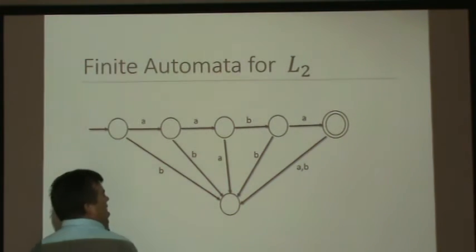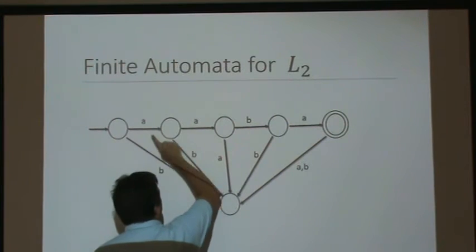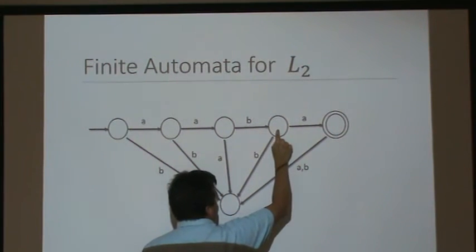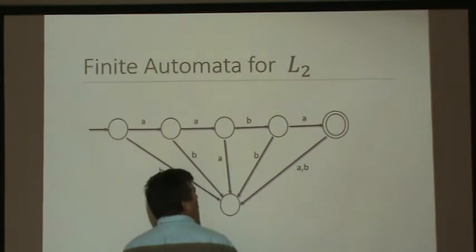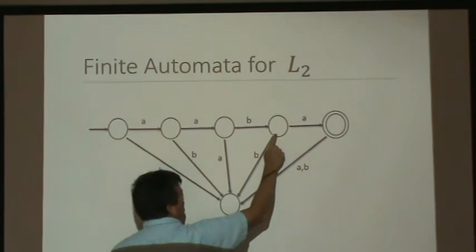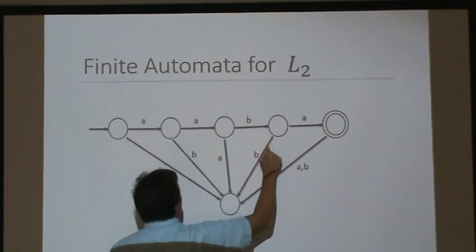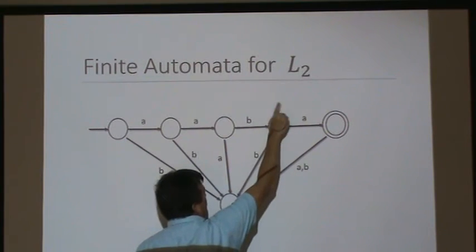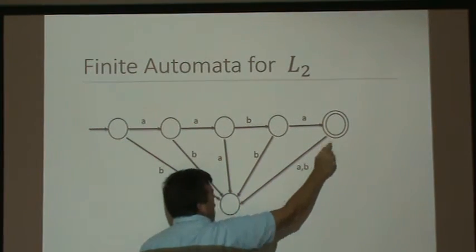So we read our first A, our second A, then we would read at least one B. This should have a loop of B's. We should read as many B's as we want, and then finally end with an A.